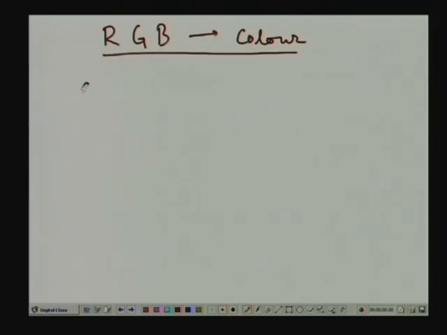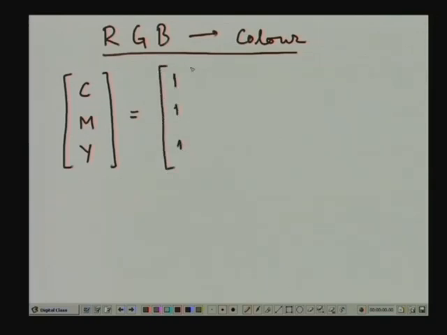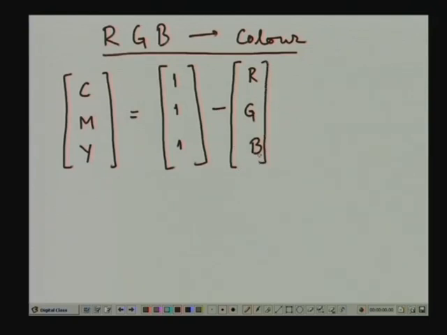We simply make this conversion: CMY is equal to 1 1 1 minus R G B. Here you remember that these RGB components are represented in normalized form, and similarly, by this expression, the CMY components that we get will also be represented in normalized form.